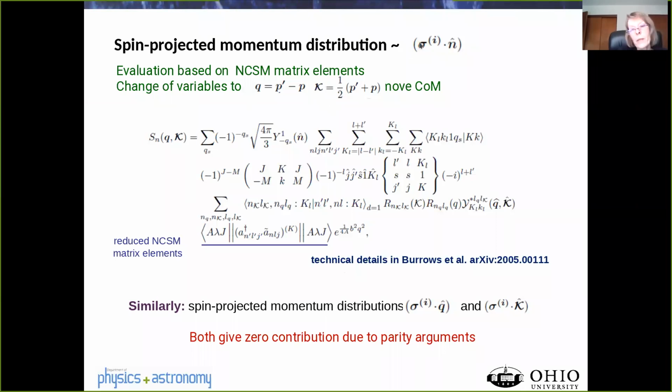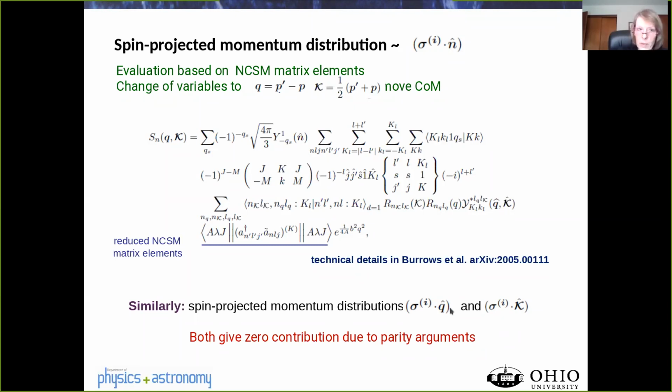Sigma is a pseudo vector, and n hat is a pseudo vector, so this product is parity invariant, while if I do sigma, a pseudo vector, dot a vector, they are not invariant under parity transformation. So if I have the left and right the same state, those contributions give 0.